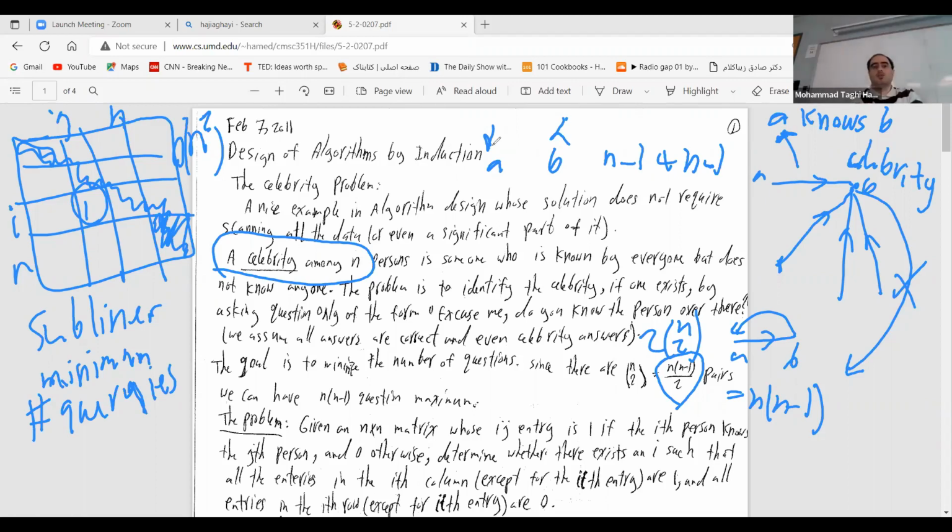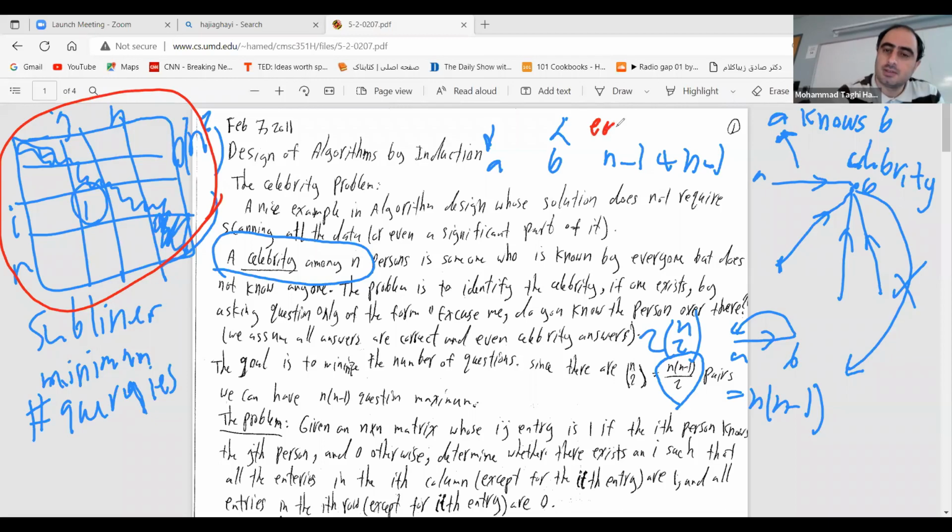Of course, one idea is to go and check the whole table that we have here. This is order n square. Of course, we want to do better than n square. You can consider each person and, for each person, just run this algorithm, asking this number of questions.